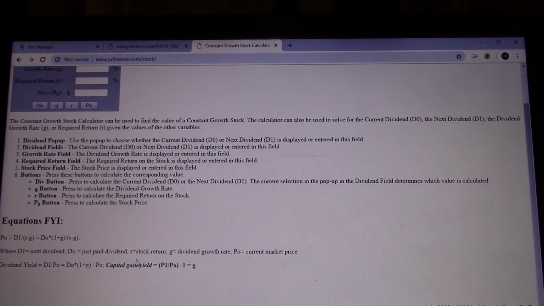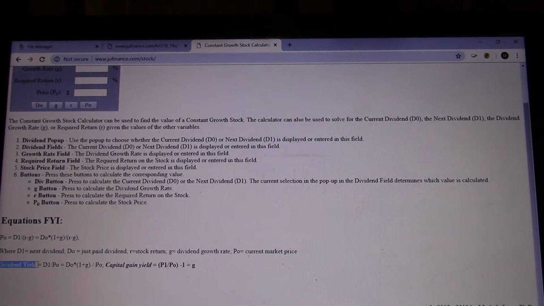Also, there are the equations used for this calculator. There's the dividend yield equation and the capital gain yield equation. Capital gain yield is the return to shareholders because the stock price is increasing or decreasing. Dividend yield is the return to shareholders based on dividend.